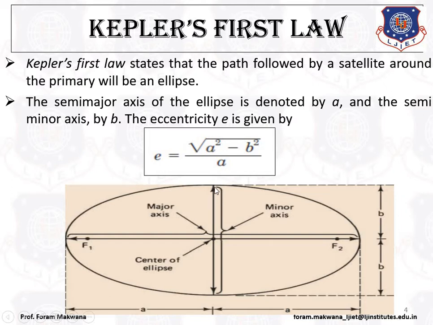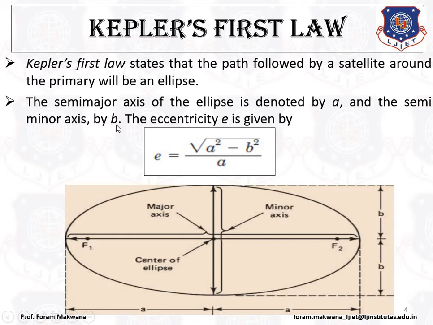Okay, and the line which is perpendicular to the major axis is known as a minor axis. So this whole line is called minor axis. Then half of the line is called semi-minor axis. It is represented by a small b.